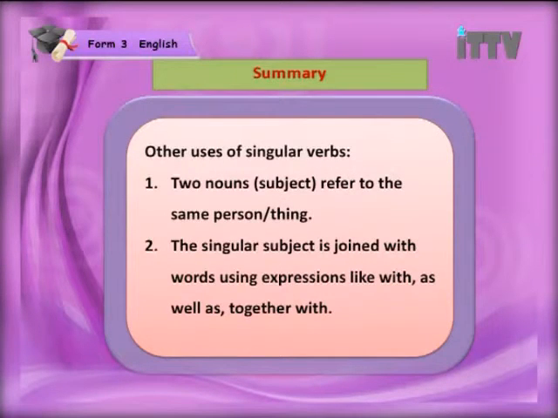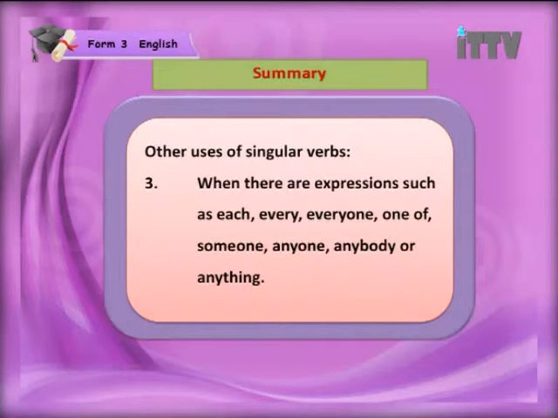All right. Now, other uses of singular verbs. Number one, two nouns, that is supposed to be the subject, refer to the same person or thing. Number two, the singular subject is joined with words using expressions like with, as well as, together with.